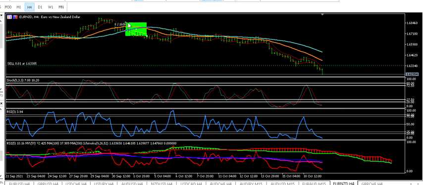You also have the orange moving average crossing down below the blue moving average around here. And you can see the 2 red 5-period moving average lines drop below the 2 moving averages with price around here. You can see what price is doing, still going down.